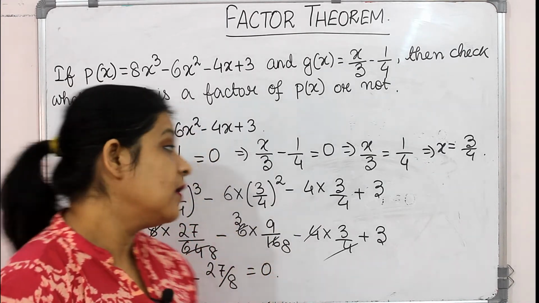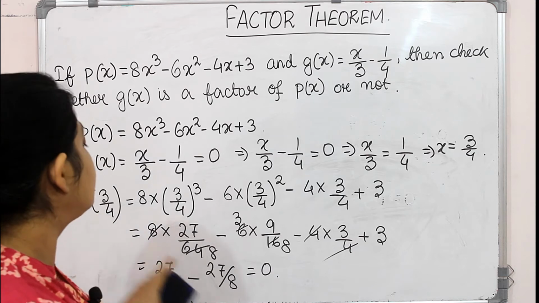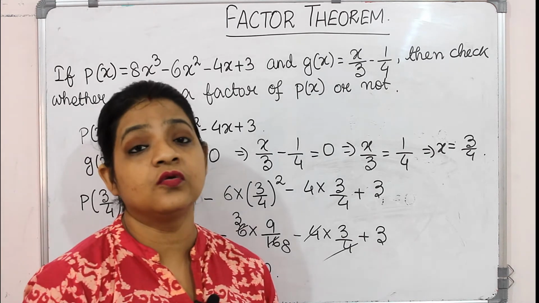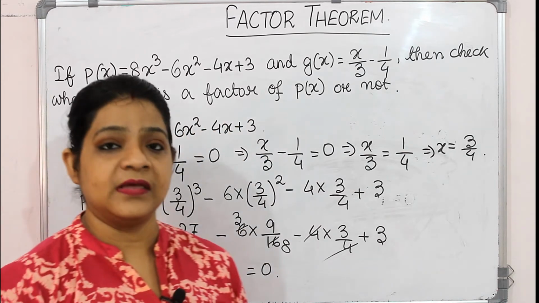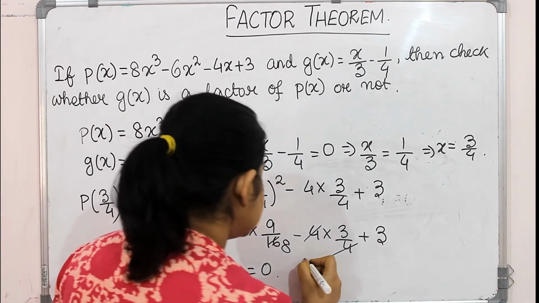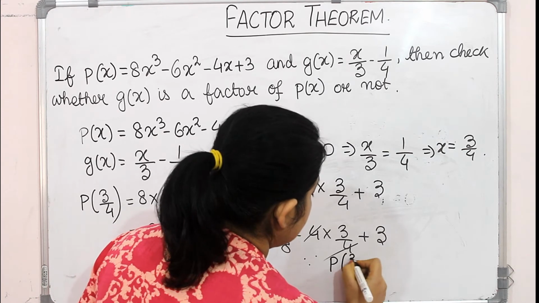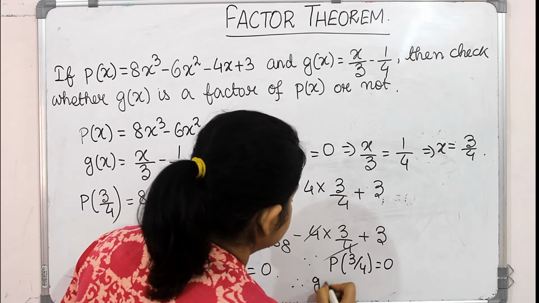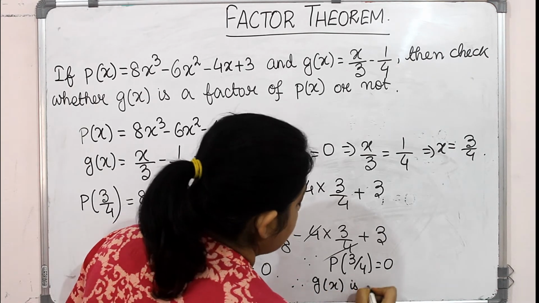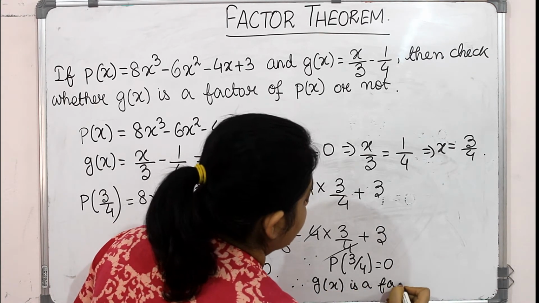So from that you will say that since p(3 by 4) is equal to 0, g(x) is a factor of p(x).